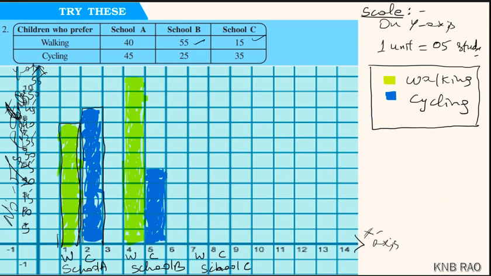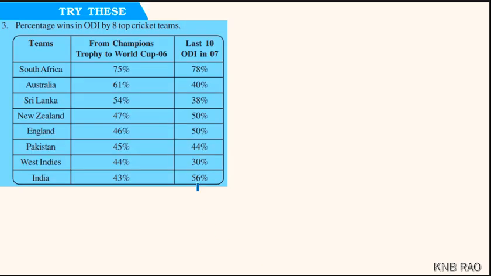Now continuing further to question number 3. For you to understand practically how to draw, I drew it. Next, question number C, I will do animation and show you. In question number 3, you are asked to draw the percentage wins in one-day international matches by 8 top countries.